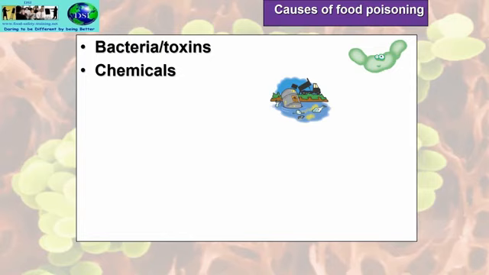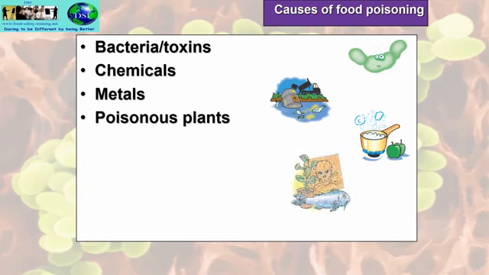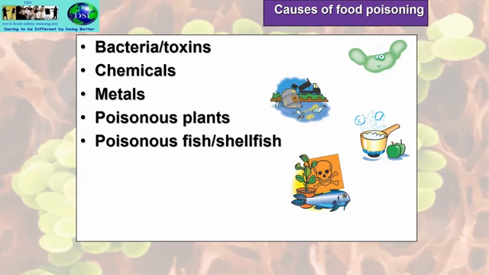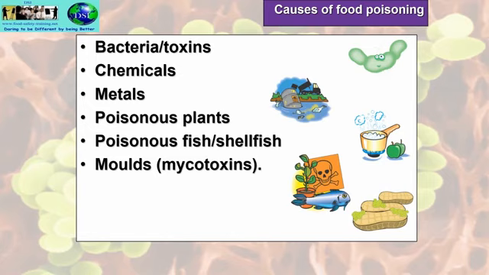Chronic, for example, could be a build-up of certain chemicals in human tissue that won't show any symptoms for the first few years, but after a long period of time could start showing results. Metals, poisonous plants, poisonous fish or shellfish, molds. Certain molds produce poisons called mycotoxins, myco relating to the fungal part.